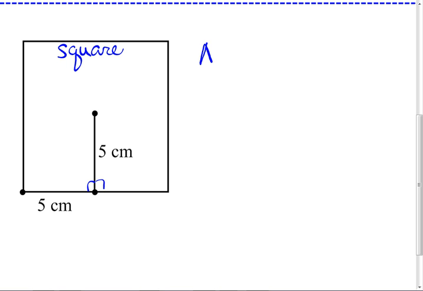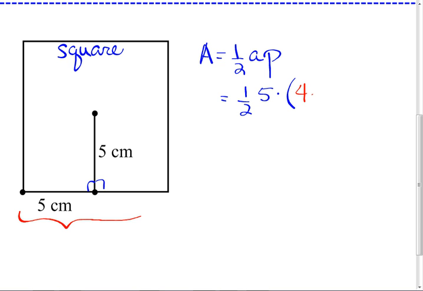But the area equals 1/2 A times the perimeter. So what's the apothem here? 5. How many sides are there? 4. Be careful. What's the length of the side? 10. It's 10. See, now it's clear.